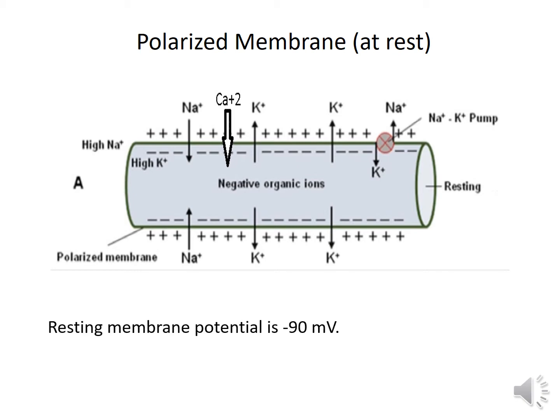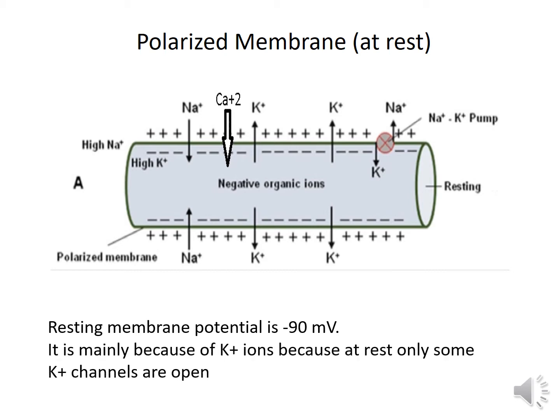Resting membrane potential is around minus 90 millivolt, and it is due to potassium channels, because at rest only a few potassium channels are open, all other calcium and sodium channels are closed, and thus potassium is responsible for the resting membrane potential.